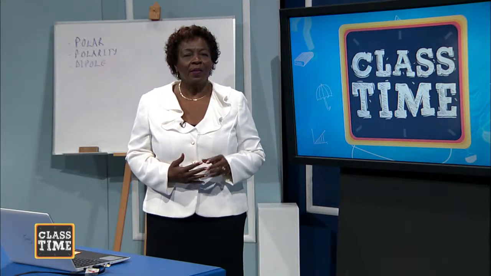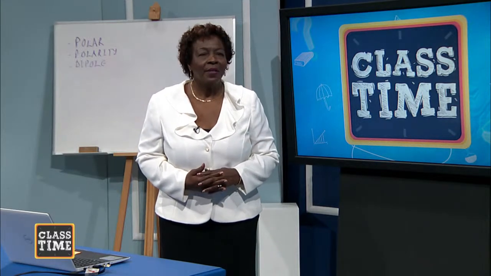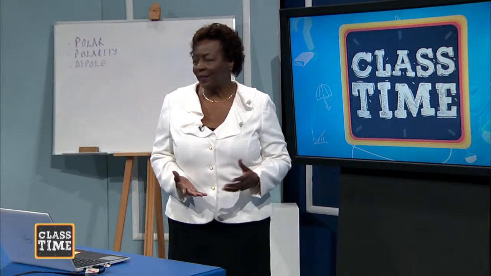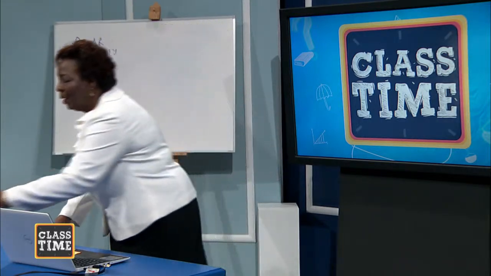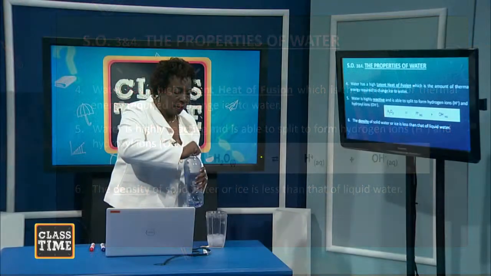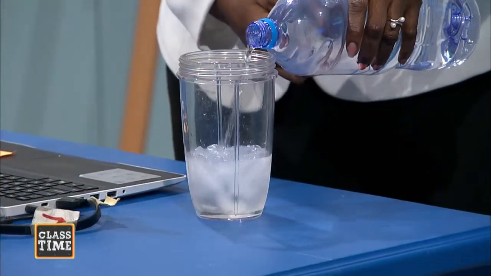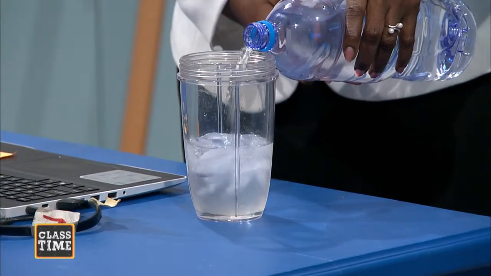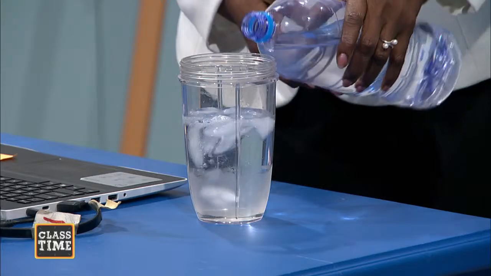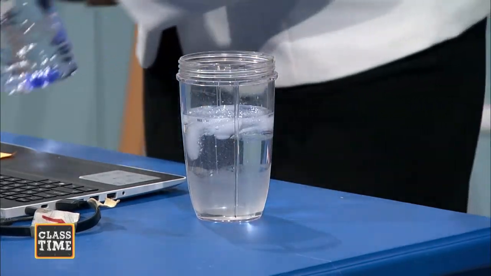Now, the next property: the density of solid water, or ice, is less than that of liquid water. And if I might show you here, if you should add water to the cubes of ice, I'm so sorry that it melted over time, but if you add water to the ice cubes, you notice that the ice is actually floating to the top.